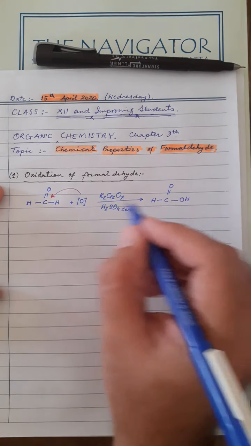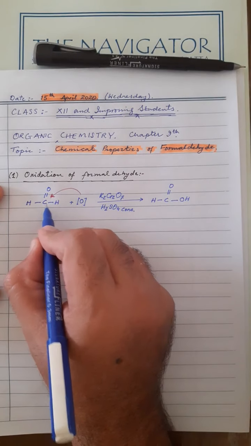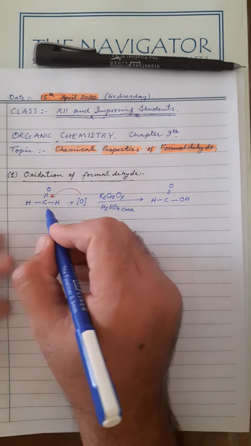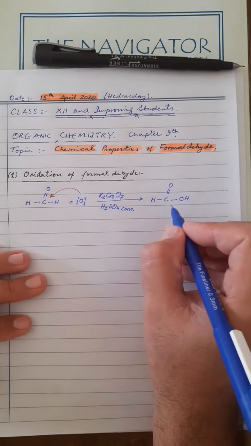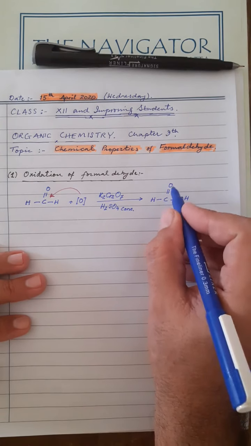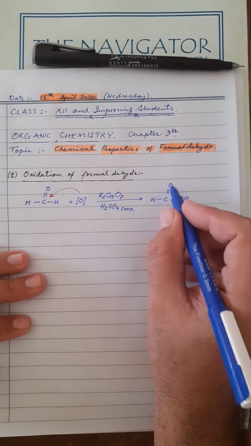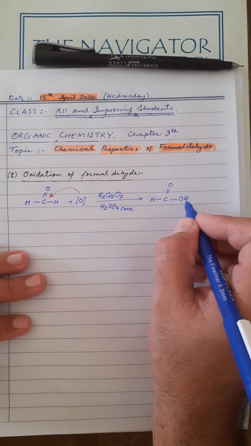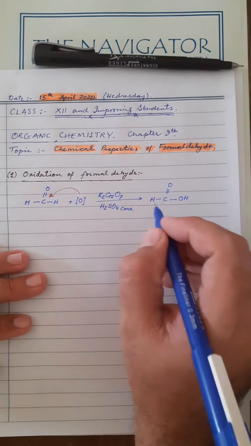So oxygen bonds between this carbon and hydrogen. Now this group is carboxylic. When a carbonyl, carbon double bond oxygen, bonds with hydroxyl, it's called a carboxylic group.